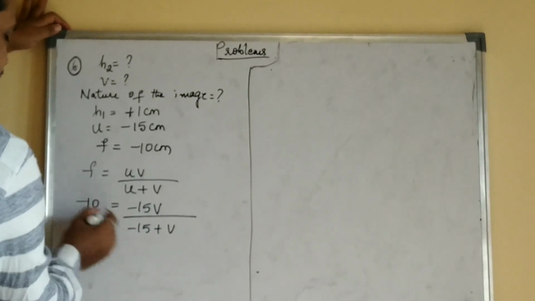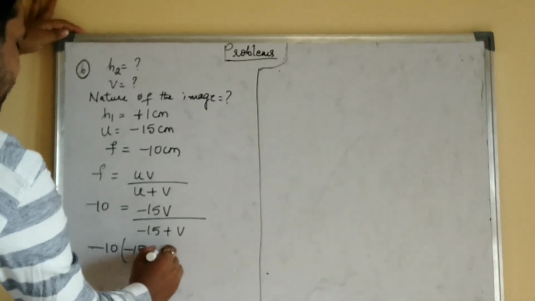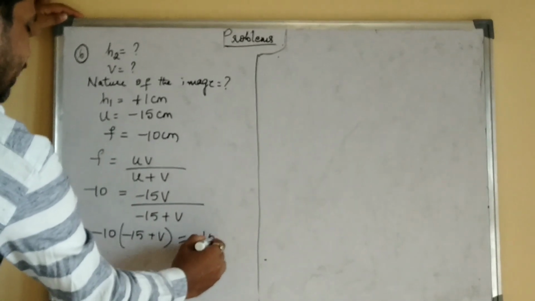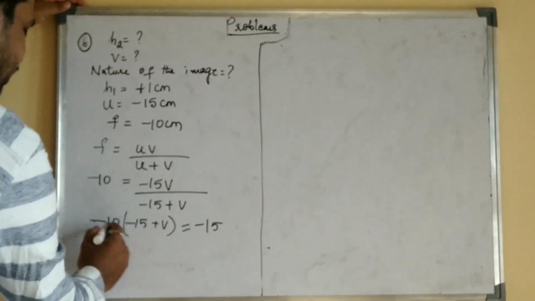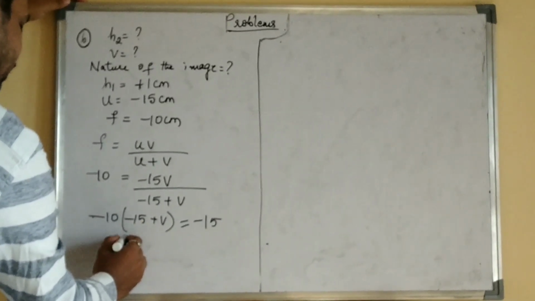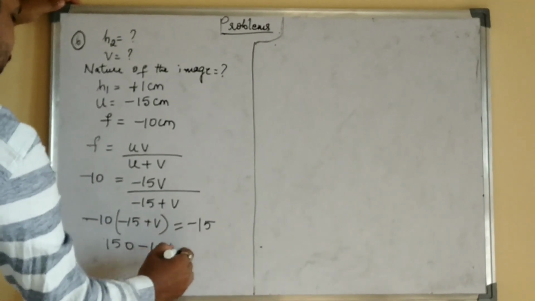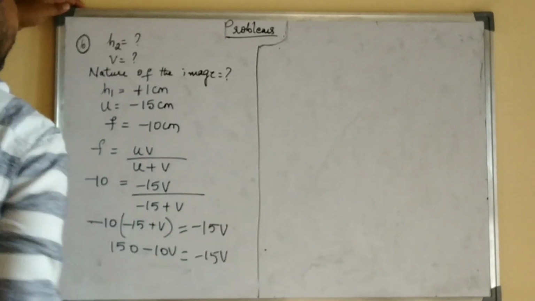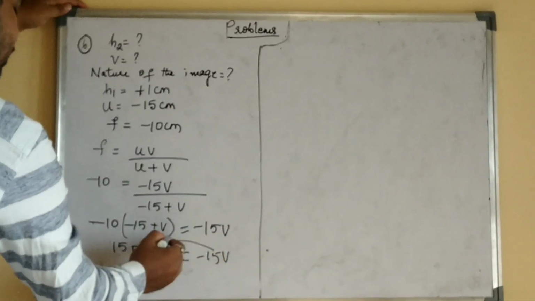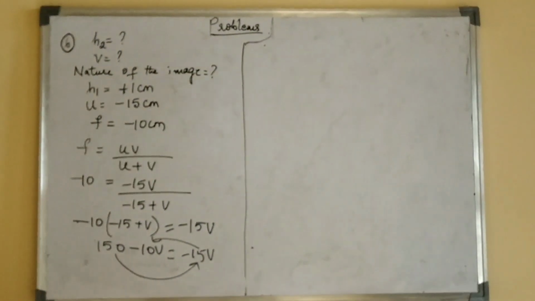Then cross multiply it, minus 10 into minus 15 plus V is equal to minus 15. Then multiply 10 into 15, 150, minus into minus plus 150, minus into plus minus 10V is equal to, so this is minus 15V. Okay, now bring this 15V to the left hand side, move this 150 to the right hand side. So what you will get now?